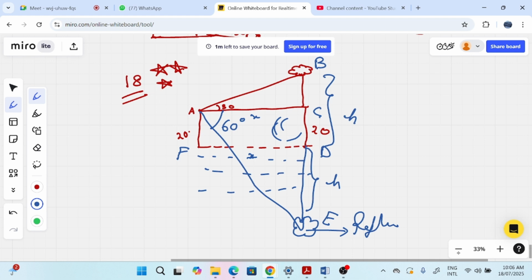Let me see, okay, this one. Did you find out the value of this H, Atishay? Ma'am, no, I got that value as 26.66. How much? 26.66. For AB? Ma'am, BD.